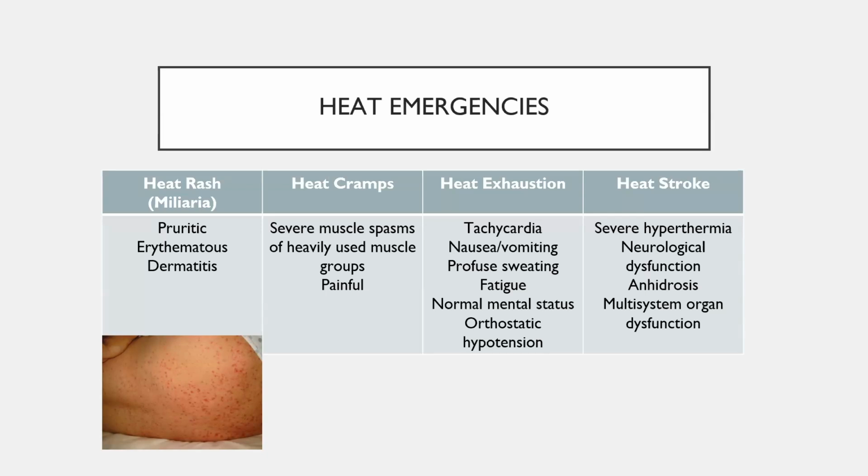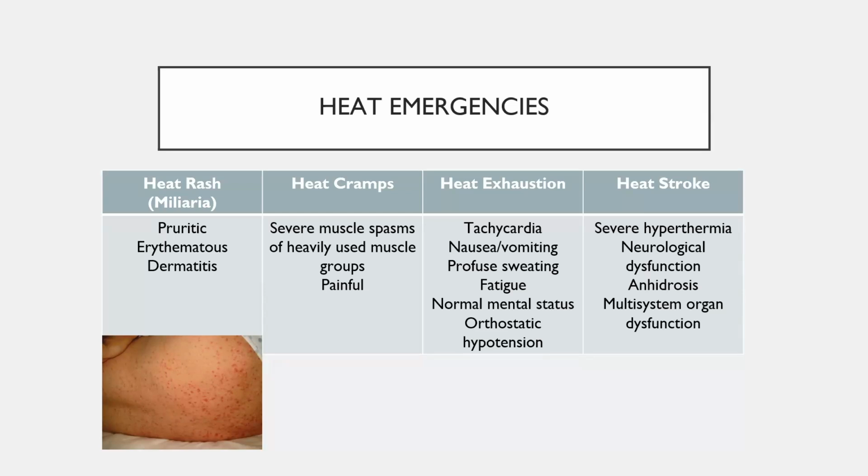The most common area this can happen is in the calves, but it can also happen in the thighs or the shoulders. And the last two, heat exhaustion and heat stroke, are more on the emergency side, where we need to treat urgently to help our patients.